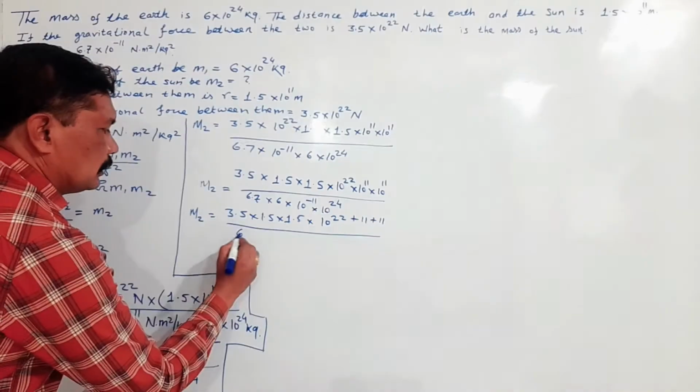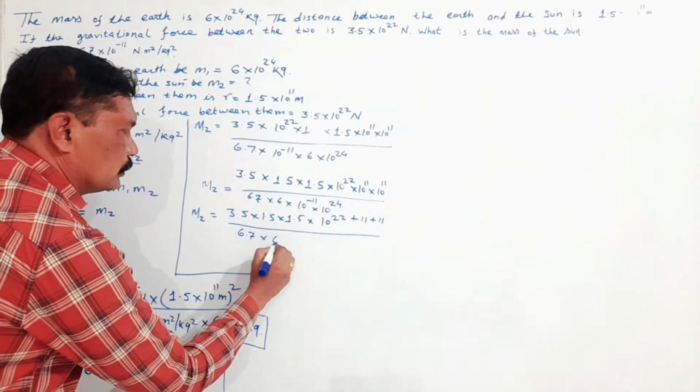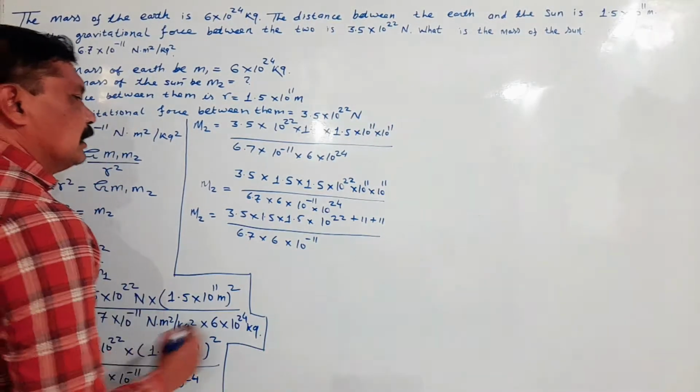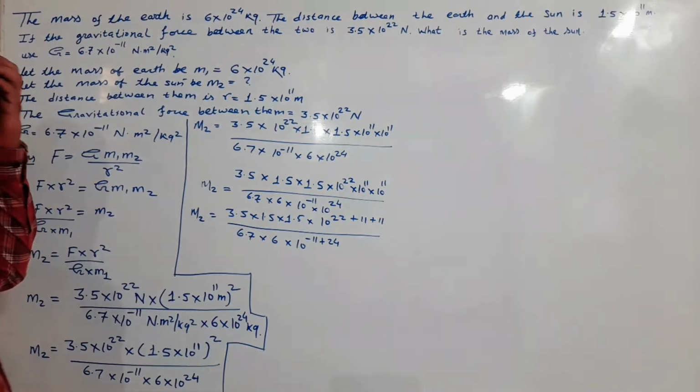upon 6.7 into 6 into 10 to the power minus 11 plus 24.